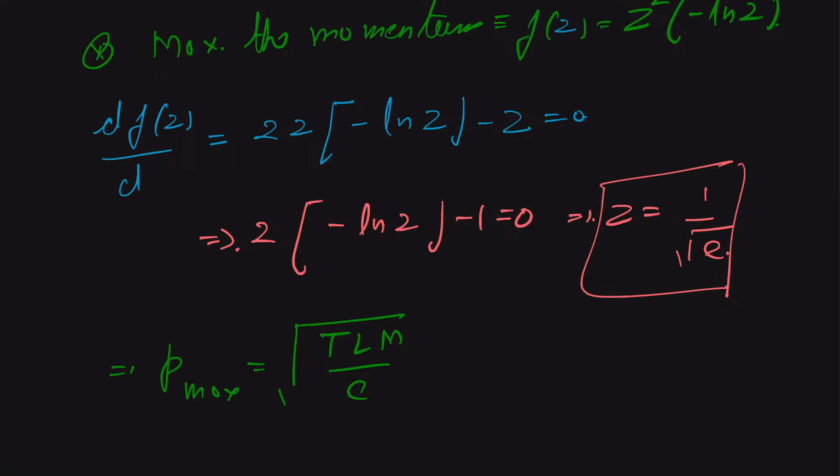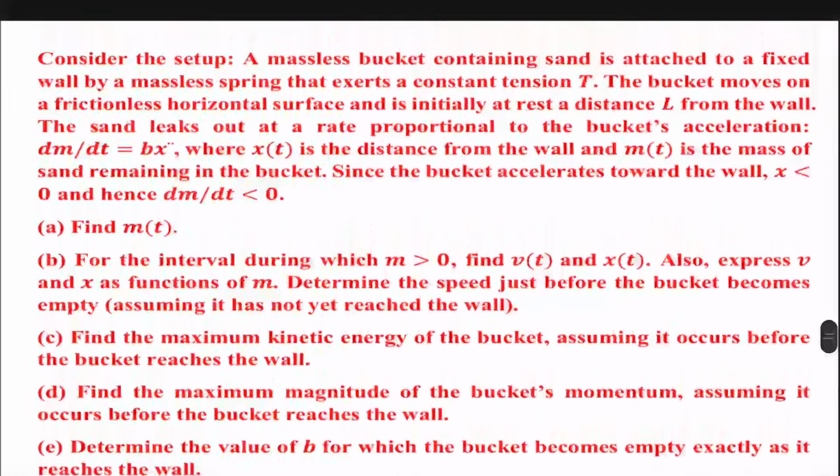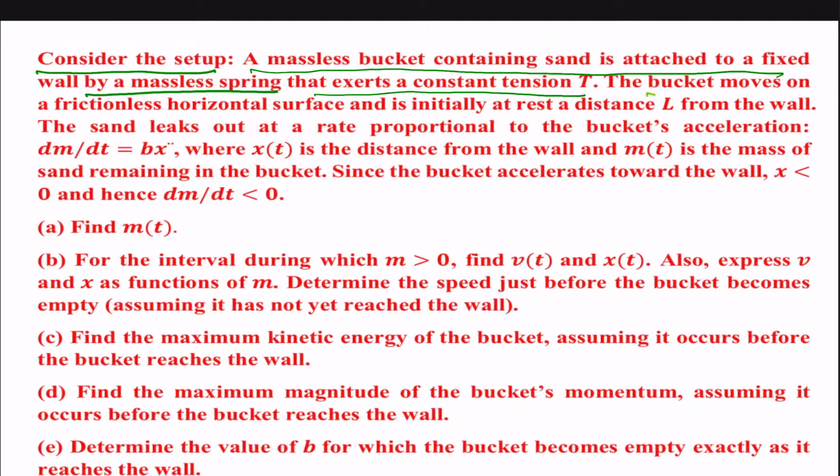So this was our second question, and we are going to deal with the third question. The third question is somewhat related to this second question, but with a minor difference. I'll read out the question, then we come to the difference part. It is given that, consider a setup: a massless bucket containing sand is attached to a fixed wall by a massless spring that exerts a constant tension T. The bucket moves on a frictionless horizontal surface, initially at rest at distance L from the wall.